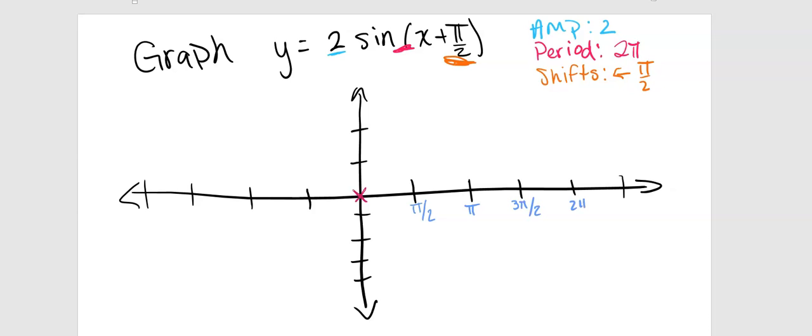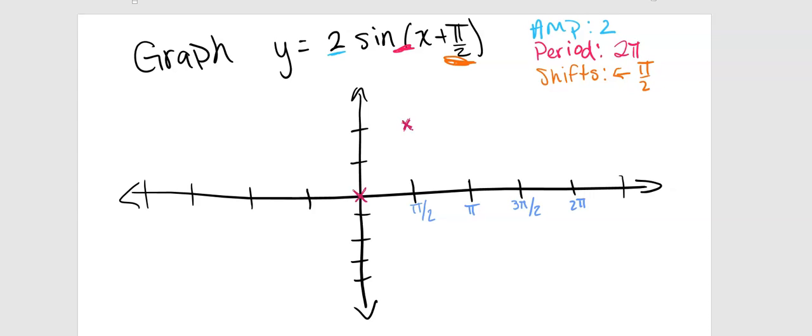According to my period, divide that in 4, write those out. According to my knowledge of the key points, at pi halves, sine is going to be up at 1, but we change that because we have an amplitude change, so up to 2.